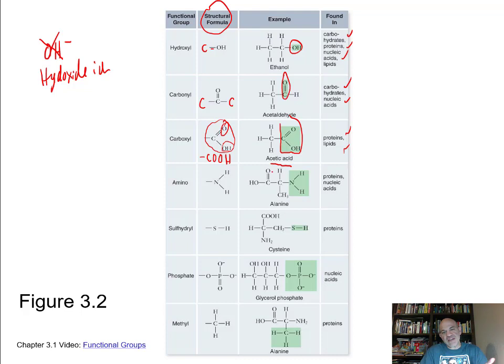You might have heard of citric acid. In lemons, they're going to have this carboxyl group. Amino acids have this carboxyl group. And the reason this is the case is because for the carboxyl, this H here, when you put whatever the rest of the molecule is, I'm just going to put R for the rest of the molecule.